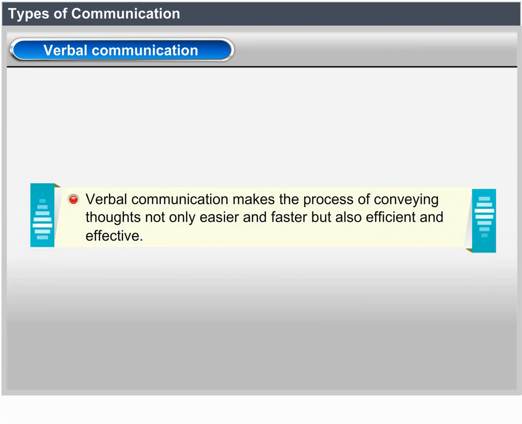Verbal communication makes the process of conveying thoughts easier and faster, and it remains the most successful form of communication. Yet, this makes up only 7% of all human communication.